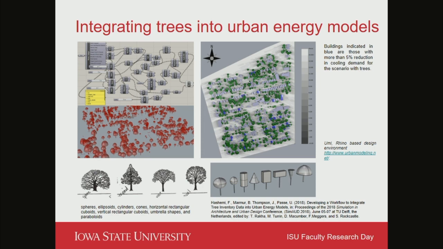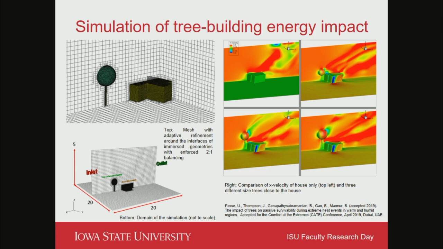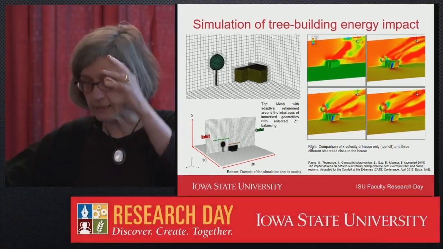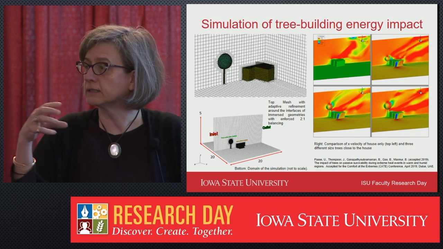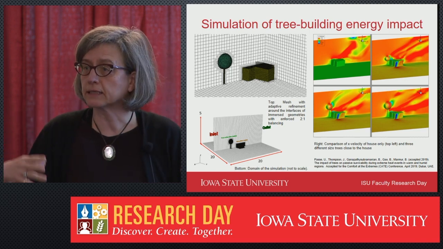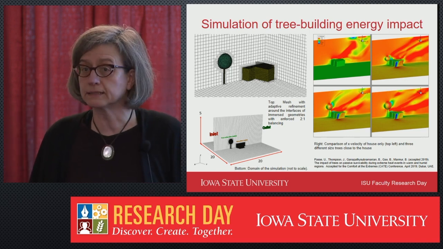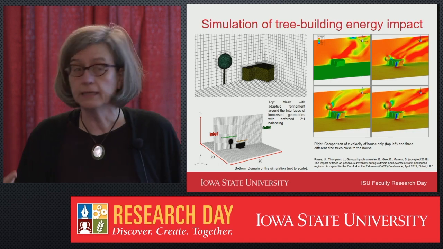That work is first and foremost related to taking climate data, which is related to sun and wind and energy and temperature around the building, into an environment where the exterior is actually changed by how the trees interact with the building through shading.